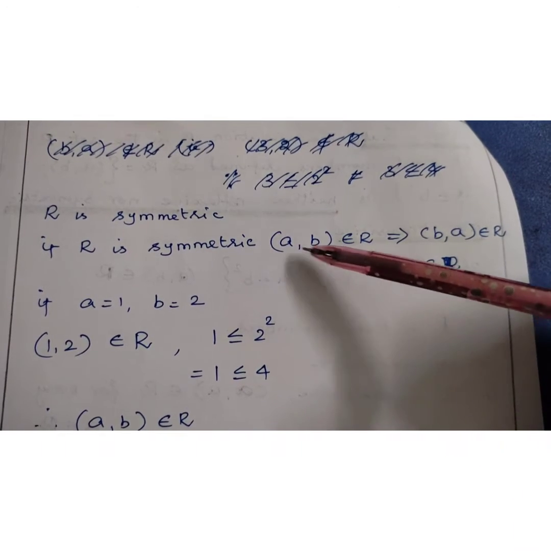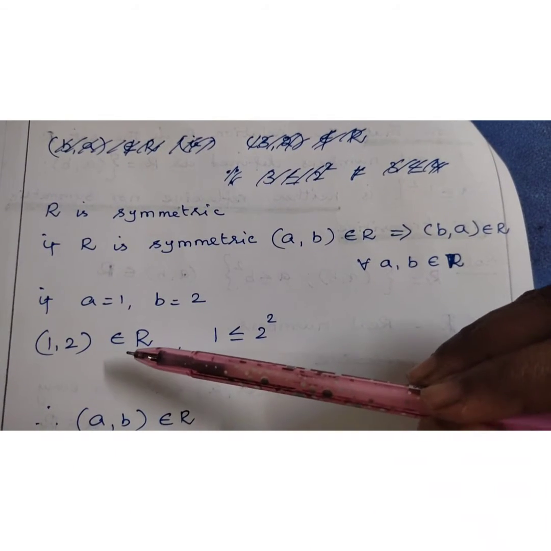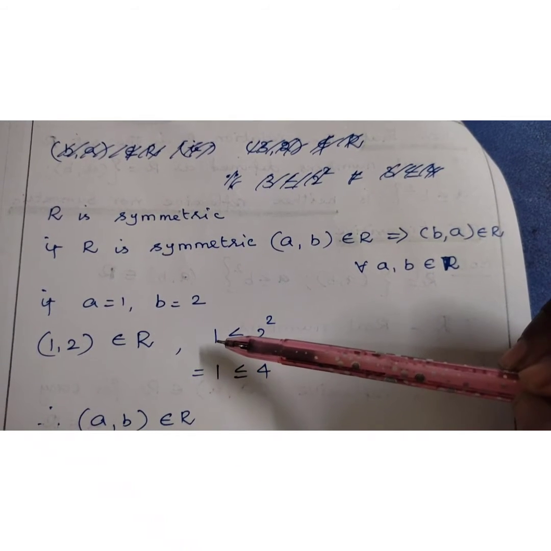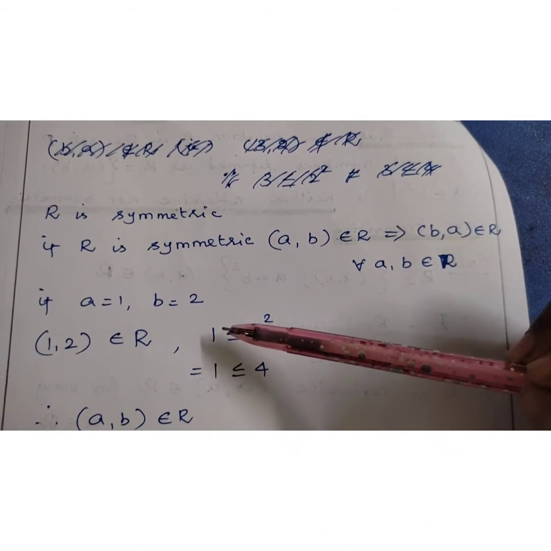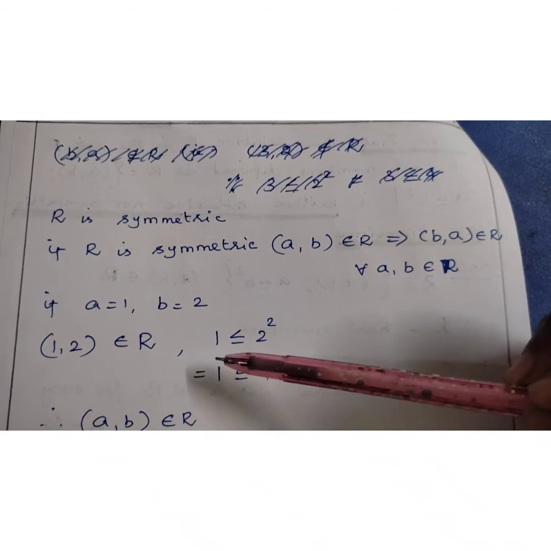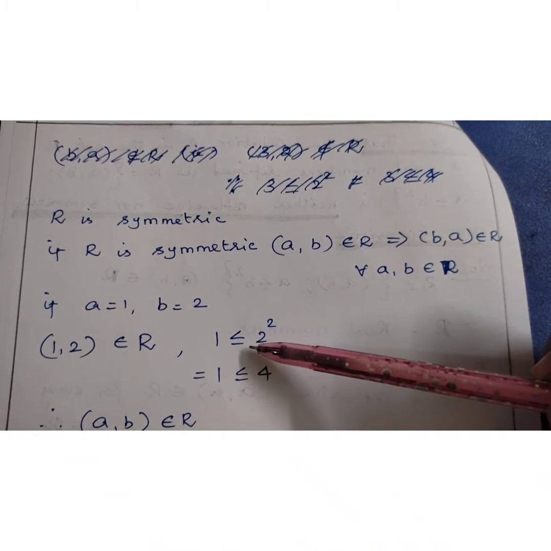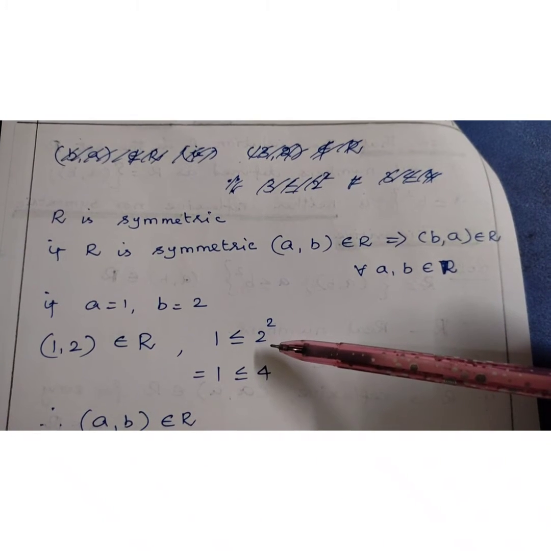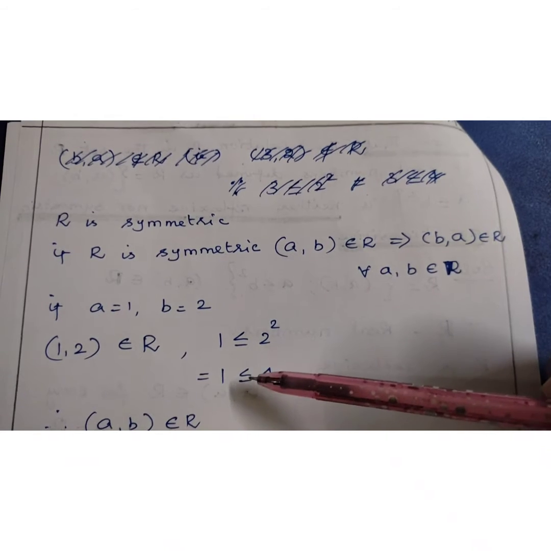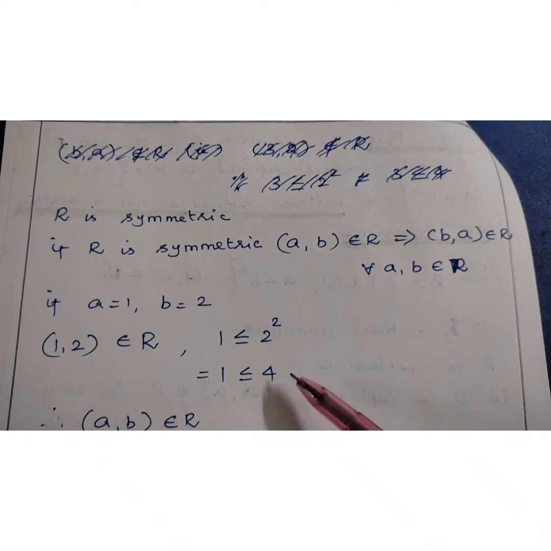first pair (a, b), that means here (1, 2) belongs to R. From the given condition, a is less than or equal to b square. Here a is 1, so 1 is less than or equal to b, whose value is 2. So 1 less than or equal to 2 square, that implies 1 less than or equal to 4.